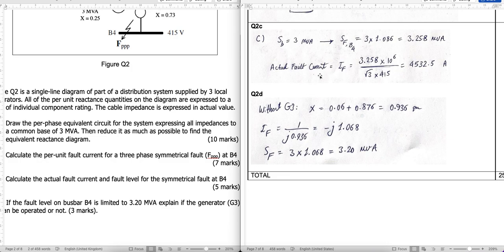So IF equals S divided by root 3, and this is my voltage here. So let's say 415.